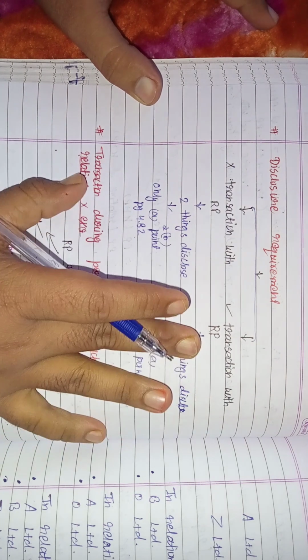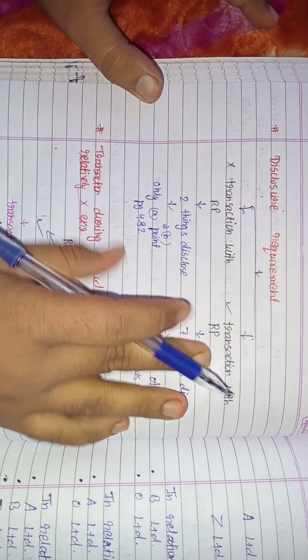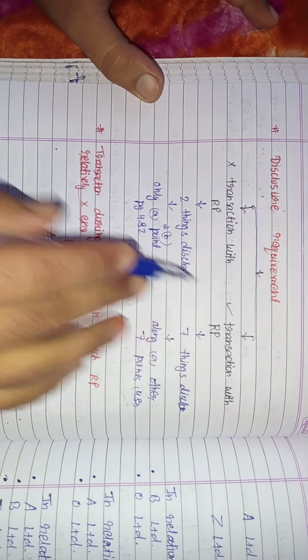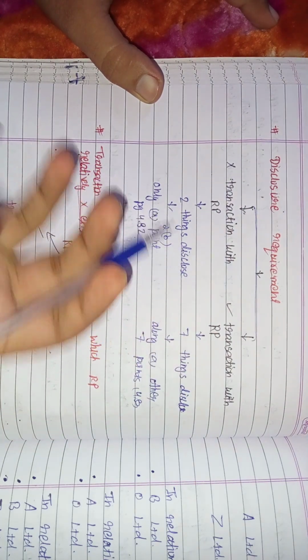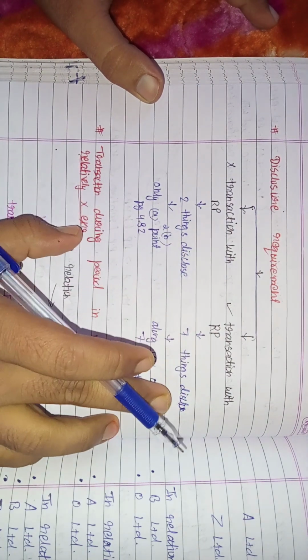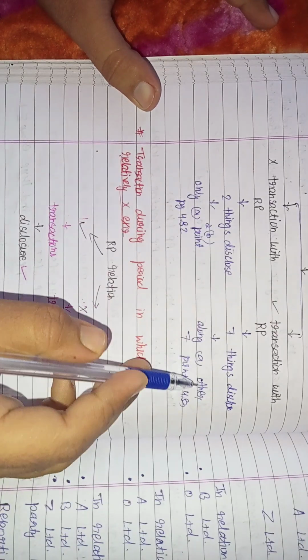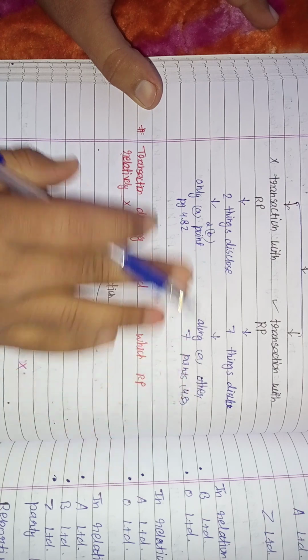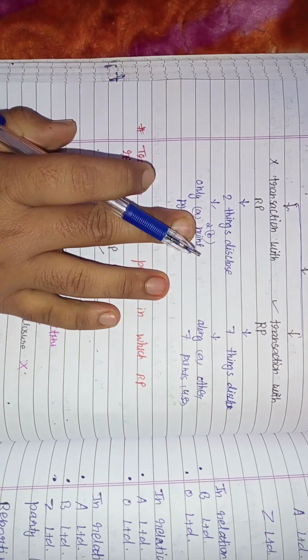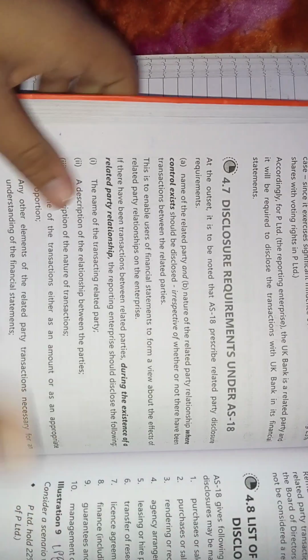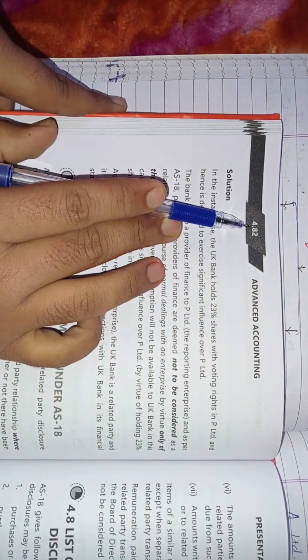Then come to the case where there are transactions with related parties. If there is a transaction with related parties, we have to disclose seven things along with A and B. I will show you what you need to disclose on page 4.82 of the study mat.